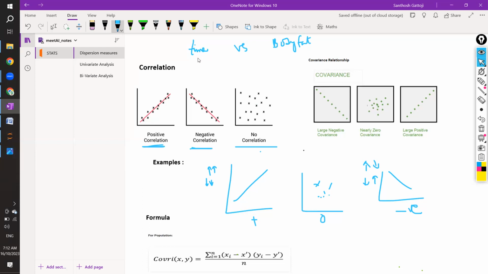Now, can someone tell me what correlation exists between time spent on exercise and body fat? What type of correlation exists between these two, or will there be zero correlation? Let me know if you understood the concept.